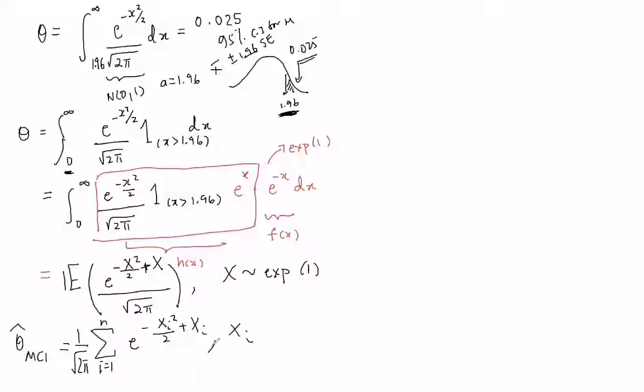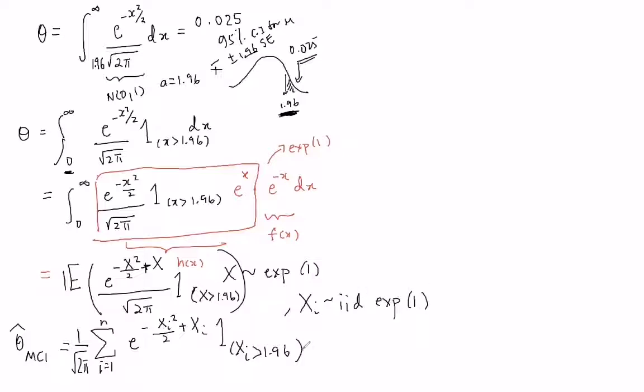I forgot the indicator function. It should be like this: indicator function xi greater than 1.96, where your xi are IID exponential 1. So this is one way to do your Monte Carlo estimator.